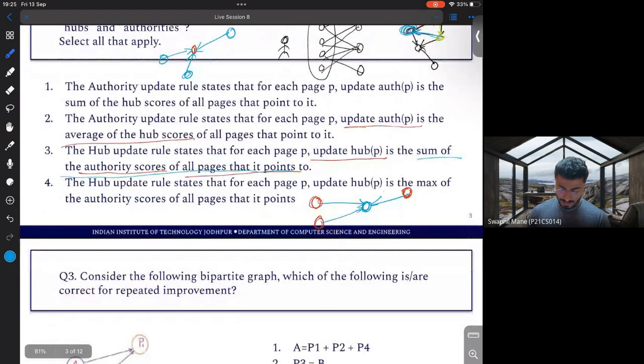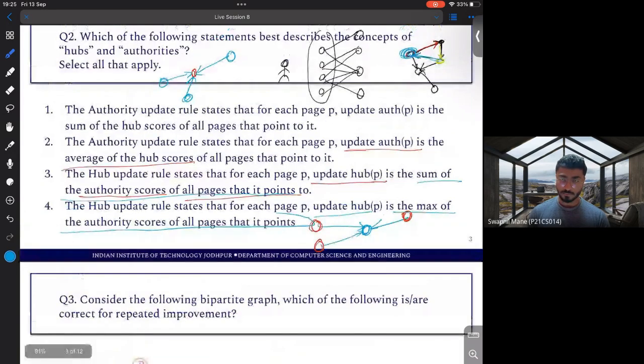So in the last option, it is saying that you can update the hub score by taking the maximum value of the authority score of all the pages. Meaning from the neighboring incoming nodes, you take the maximum score, and that is your updated hub score.